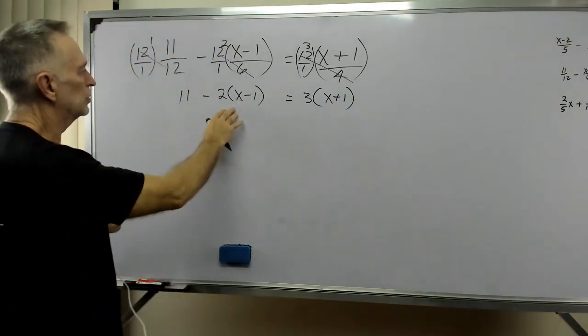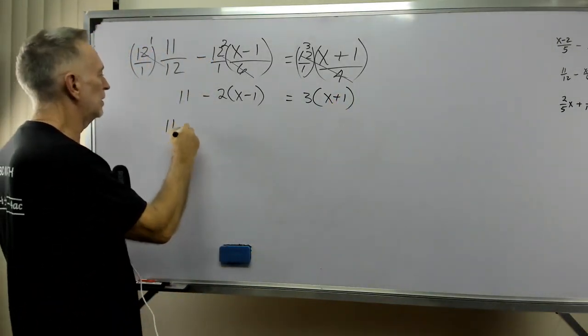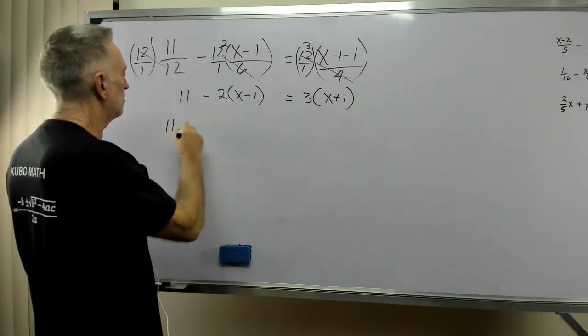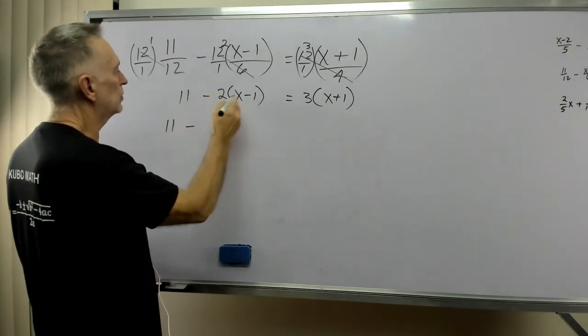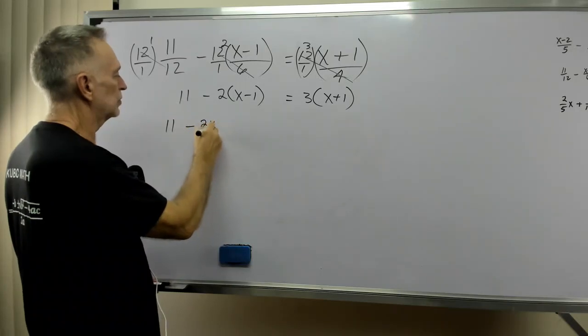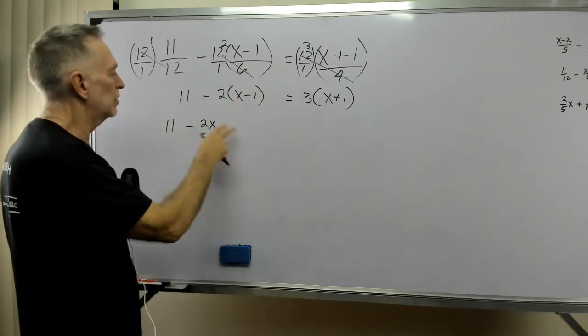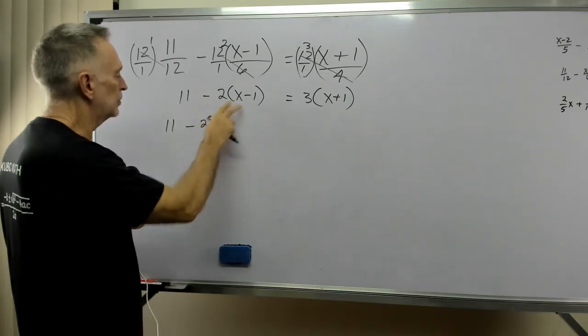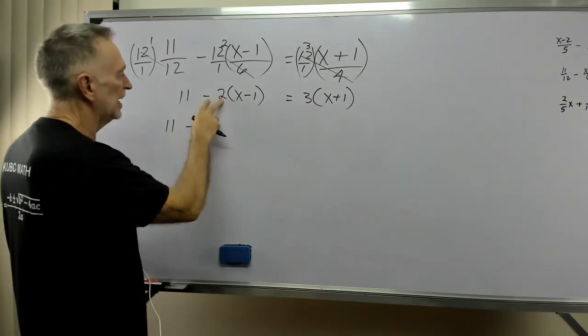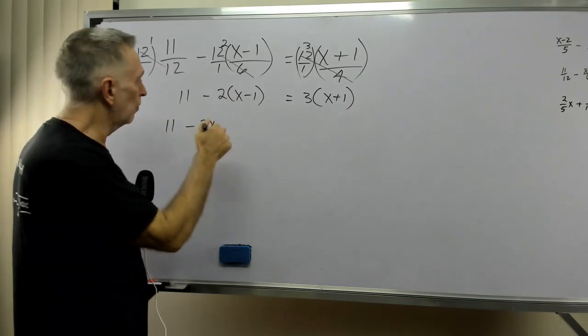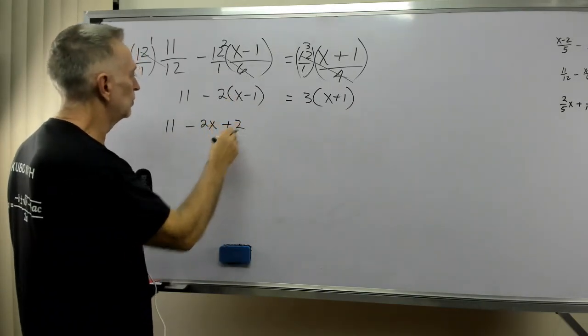Well, let's distribute these. So I have 11, okay, minus a negative 2 times x is negative 2x. In this case, we'll just go ahead and distribute the negative as we go. So negative 2 times x, negative 2x. Negative 2 times negative 1 is a positive 2.